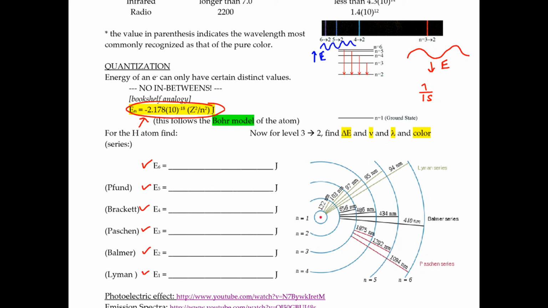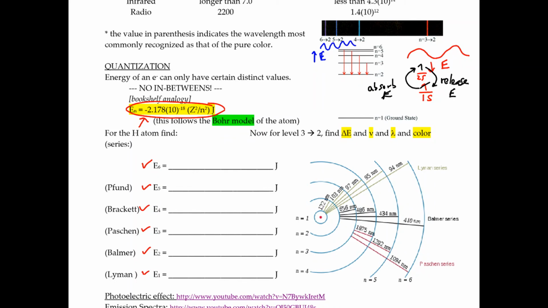If you give it lots of energy, you can make it jump up into a 2s. So the electron moves up there, and when you do that, it absorbs energy. However, that electron is then going to want to go back, and when it does that, it will release energy.